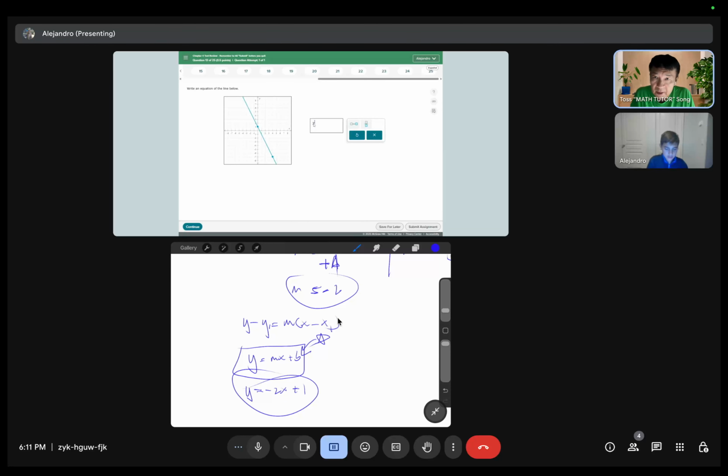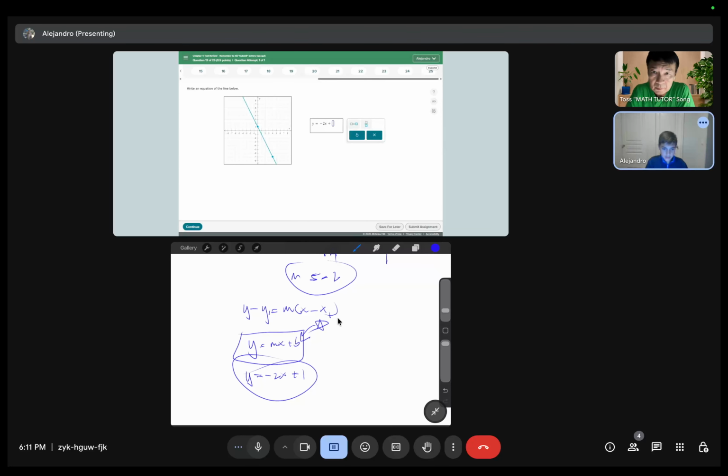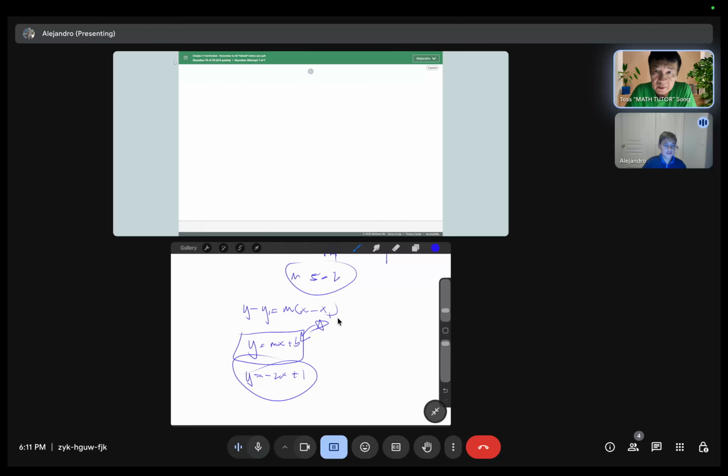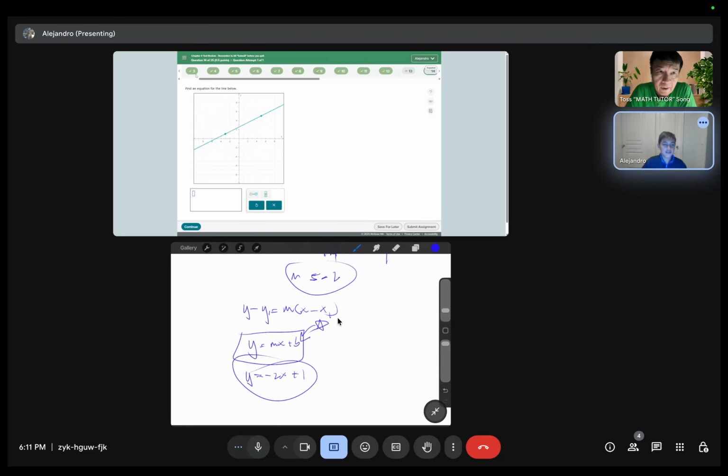All right, let's input that. Y equals -2x + 1. Just like that. It's fast. So for this assignment, we can't immediately check them. We have to submit the entire assignment before we can check them.